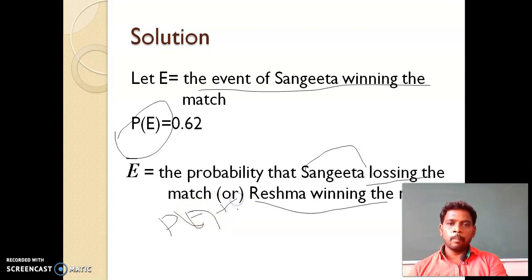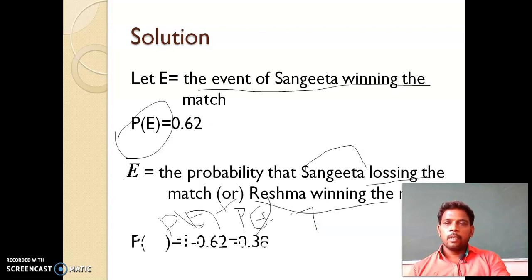We already know this property. The first property is that the total probability of an event equals 1. So from here, P of E plus P of E bar equals 1. So from that property, P of E bar equals 1 minus P of E, because the total probability is 1, right? So 1 minus 0.62 equals 0.38, right?